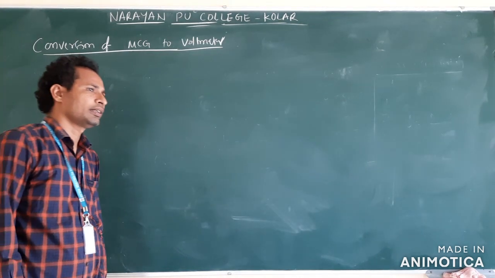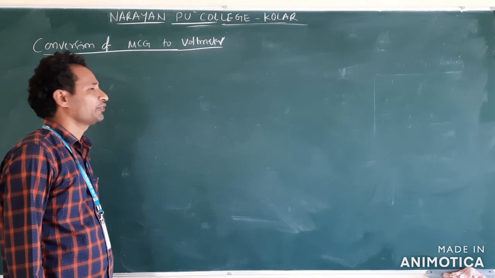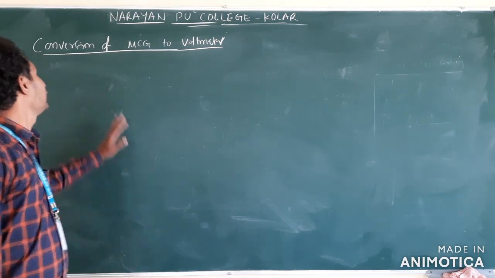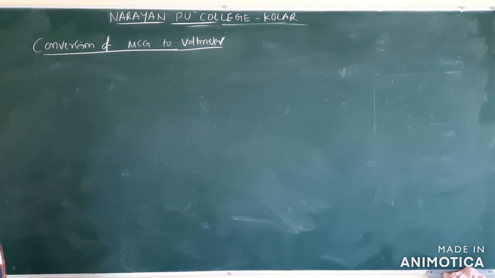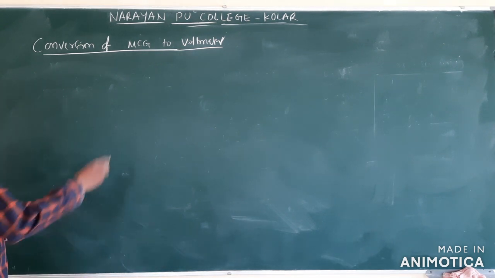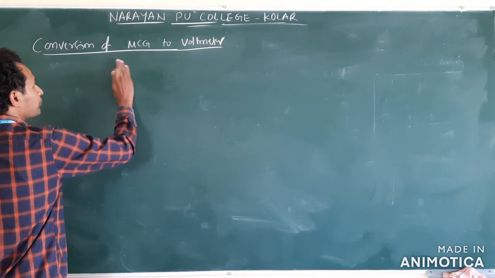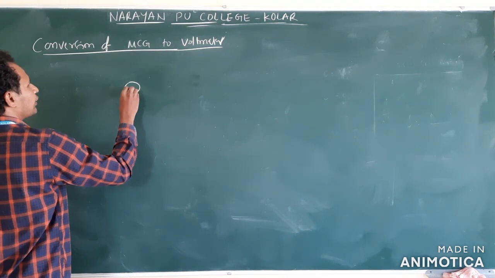In the previous expression we have seen conversion of MCG to ammeter. Now voltmeter. Voltmeter is used to measure the voltage. So, how do we convert MCG to voltmeter? This is the galvanometer.